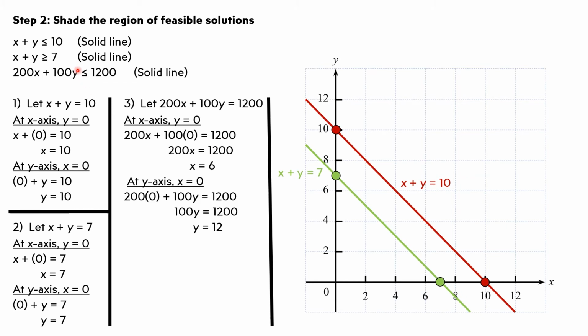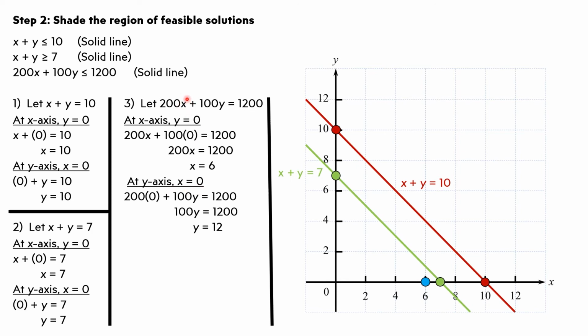Finally, the third inequality, we let 200x plus 100y equal 1200. At the x-axis, y is equal to 0, so we substitute y equals 0 into the equation. What we have here is x is equal to 6, which is at this point. Next at the y-axis, x is equal to 0.